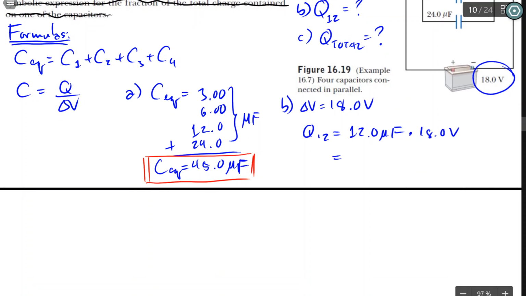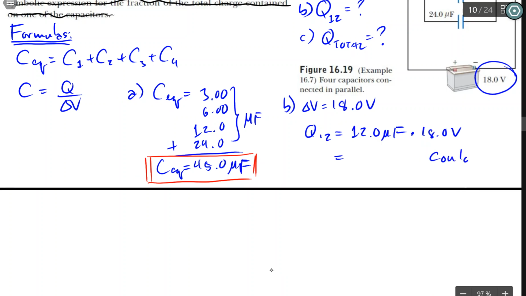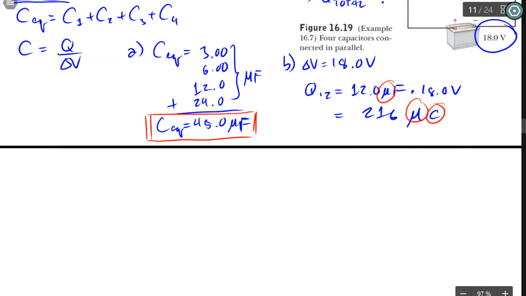And actually I'm just going to carry the microfarad. The units for charge should be in coulombs. Okay, and you actually get 216 microcoulomb. Okay? So the micro still pretty much carries on, and then there's a unit of charge.